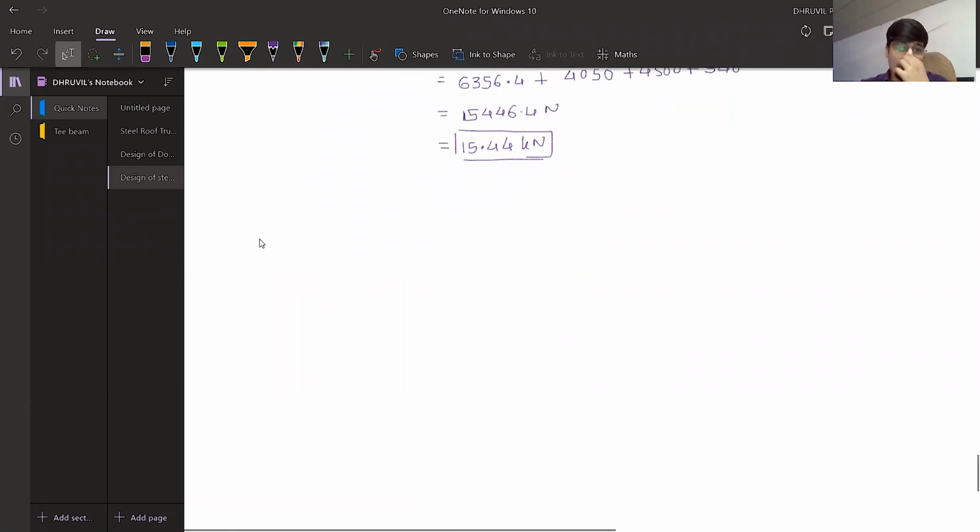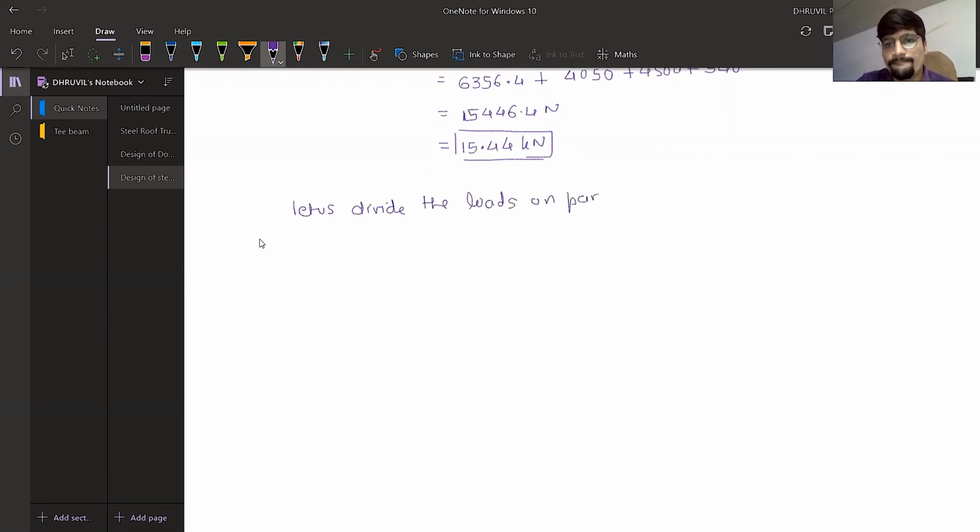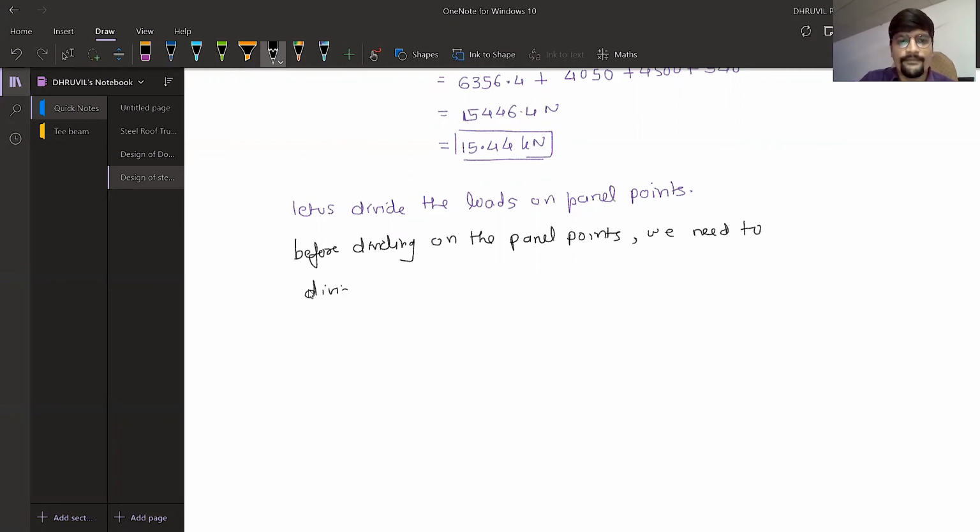Now, as I explained in the earlier video, load on a roof truss occurs on the points. So before dividing on the panel points, we need to divide the load on panels.